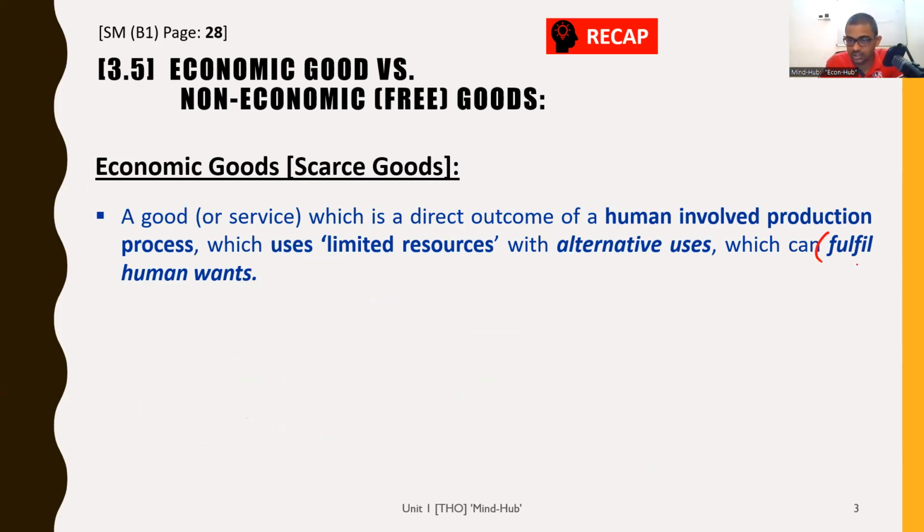Now, this part I didn't touch on. That is the part where it's economic, yes, but it's economic what? Economic good. The meaning we give for the word good in economics is anything that provides a satisfaction. Anything that provides a satisfaction or utility is a good.